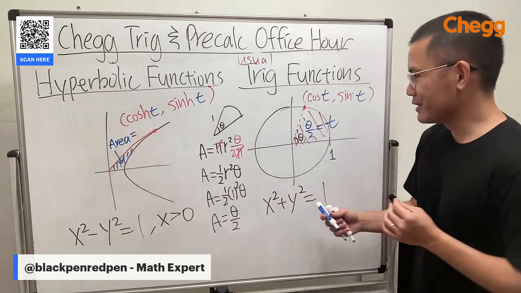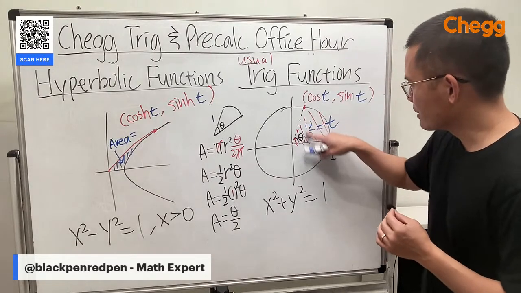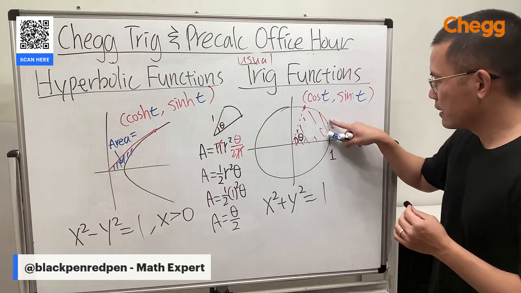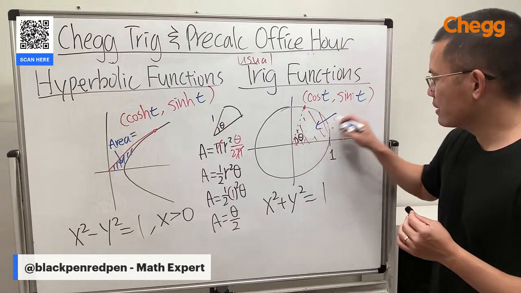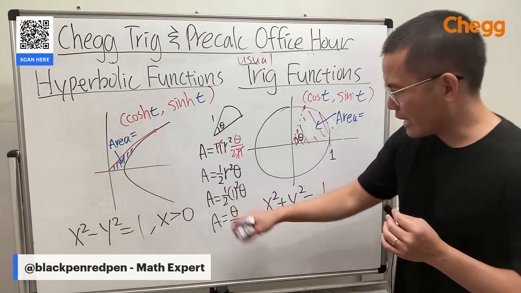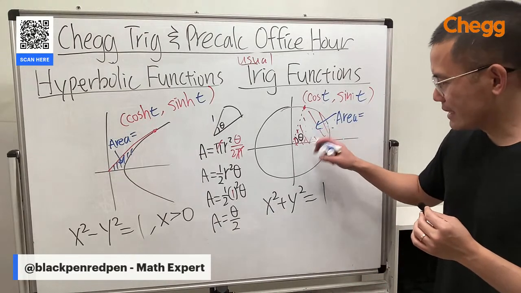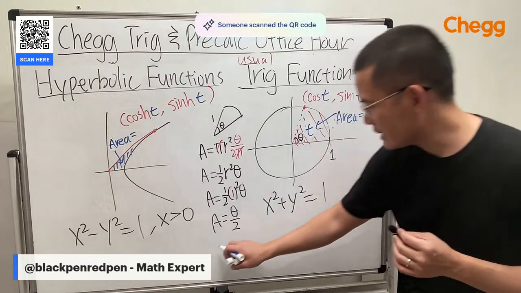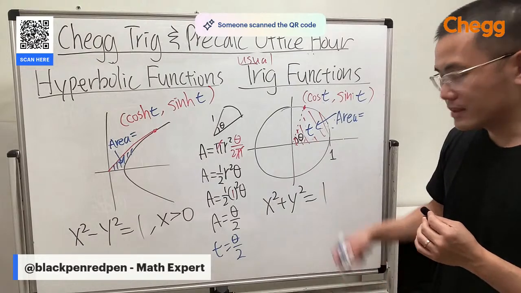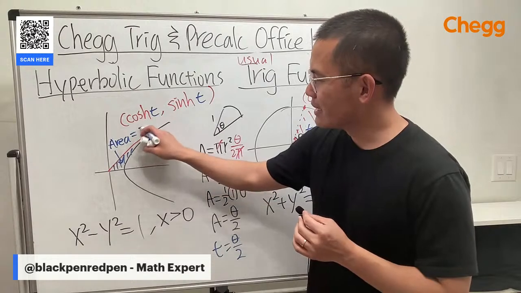This area right here is equal to 2 times theta over 2. So I am going to call this T. If I call this T, then this is theta over 2, so it's half of the angle theta. And that's the area. I think it's T over 2.